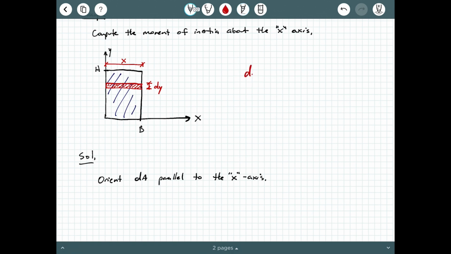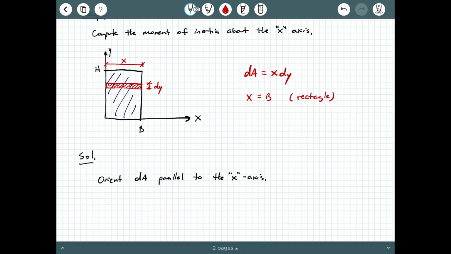So we're going to say dA is equal to x dy. Now, what is x in this case? This is a very simple rectangle, and so we're going to be able to say x is equal to the width of the rectangle, or the base dimension b.